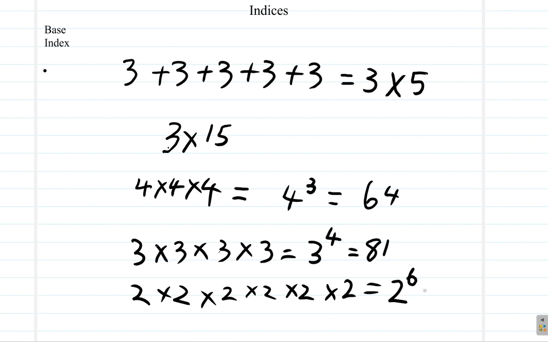How would you get this one? If you want the answer, you say 2 times 2 is 4. That's 2 squared is 4. 4 times 2 is 8. 8 times 2 is 16. 16 times 2 is 32. 32 times 2 is 64. So the answer for this would be 64. Alright, good, good. So you have them here.